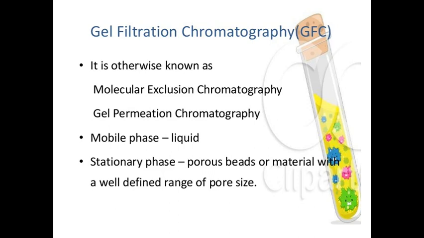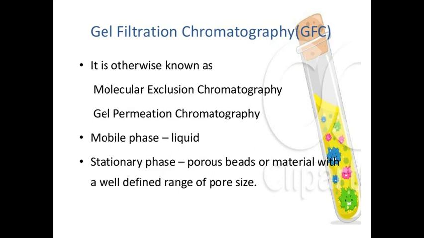Gel filtration chromatography is also known as gel permeation chromatography, because whatever stationary medium we put into the column during gel filtration chromatography is nothing but spherical gel beads, and they are porous in nature. Due to the porous nature, your sample can pass through that column.